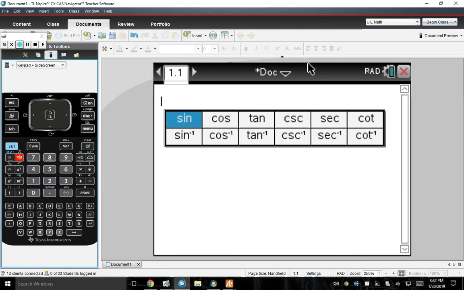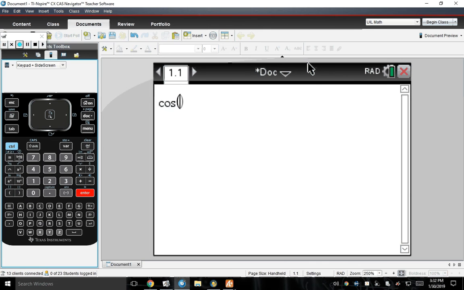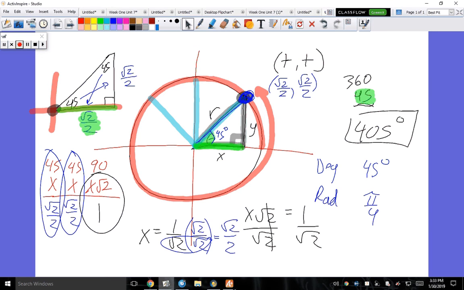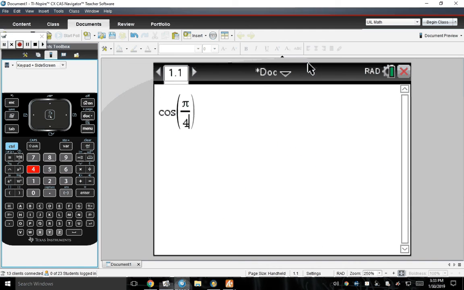So if I say the cosine of pi over 4, it should say what? What did I say cosine was? Cosine is the x value. So it should say root 2 over 2. Let's see.